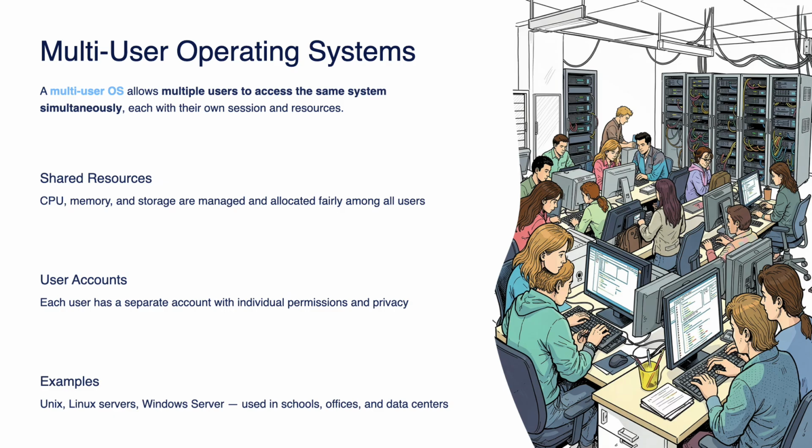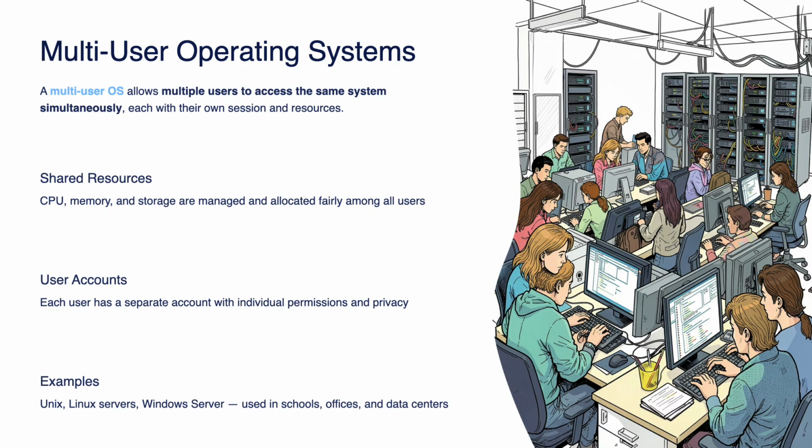Examples include Unix, Linux servers, and Windows Server, which are used in schools, offices, and data centers. Multi user architectures are designed to handle a huge number of users, making them perfect for mainframe grids, cloud computing nodes, and heavy web servers.